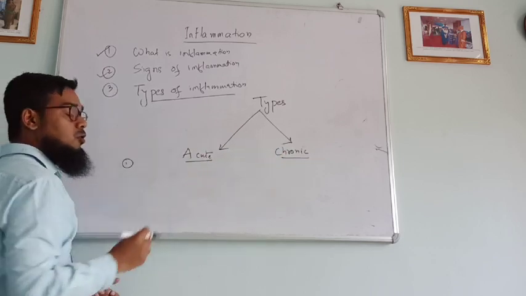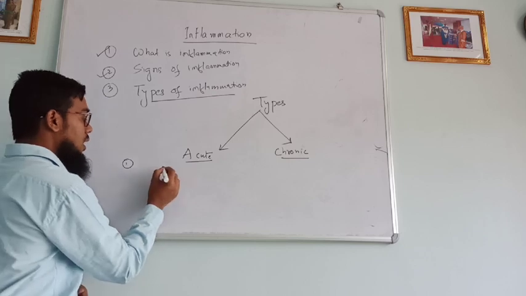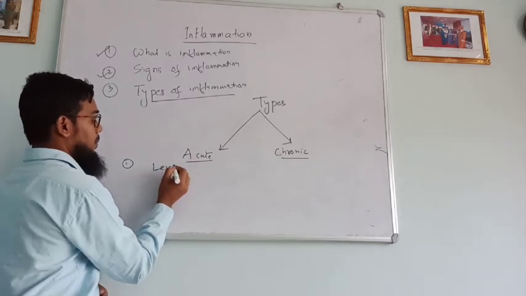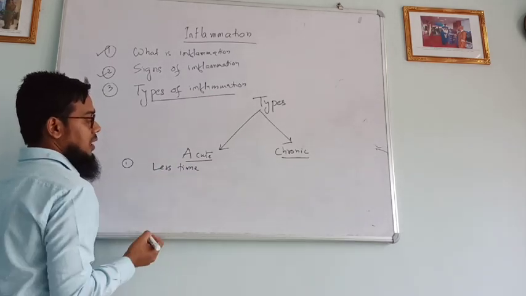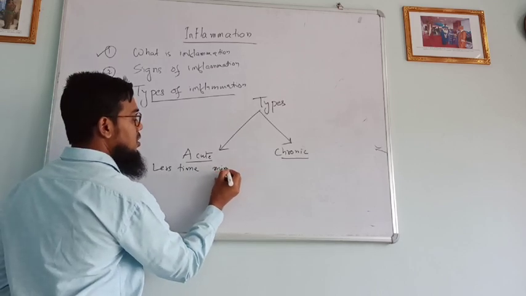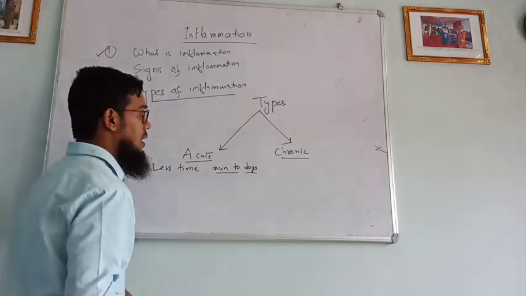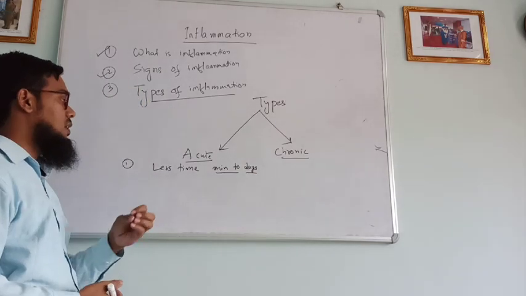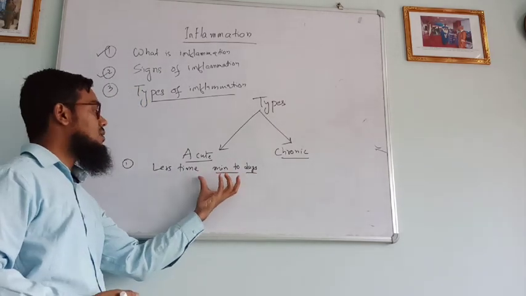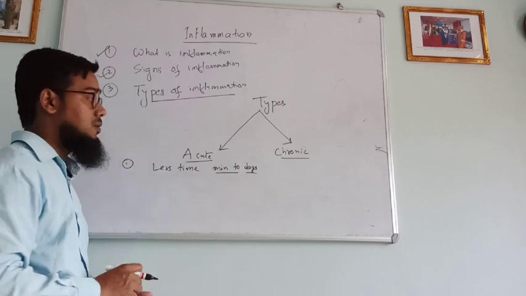So what is acute inflammation? If inflammation occurs for a very short time, from some minutes to a few days, then it is called acute inflammation.